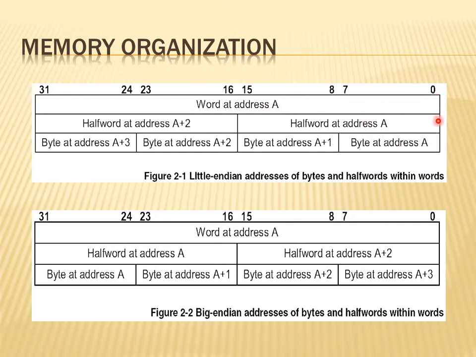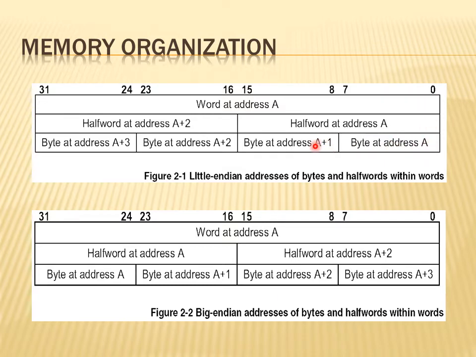Now if at the LSB side, where the address is 0, your first byte is located at address 0, then it is called little endian. So the first byte begins at address 0 on the LSB side.